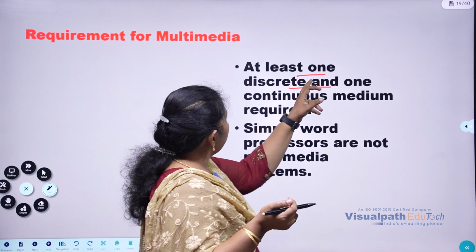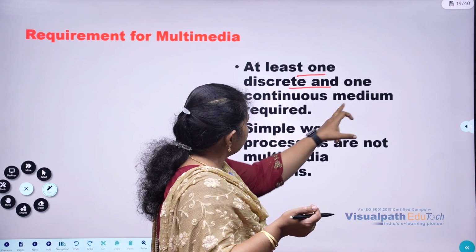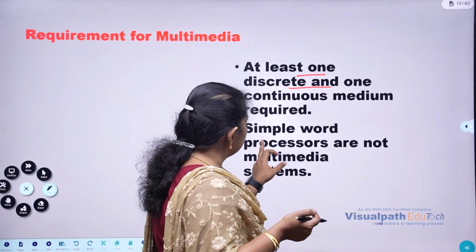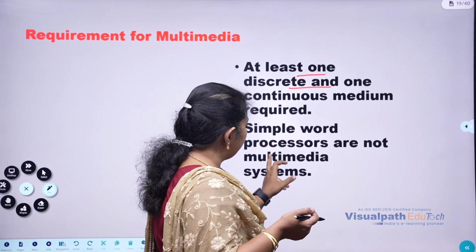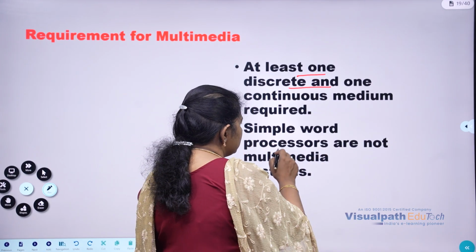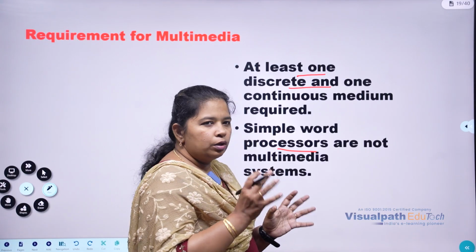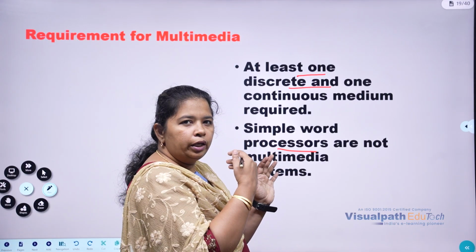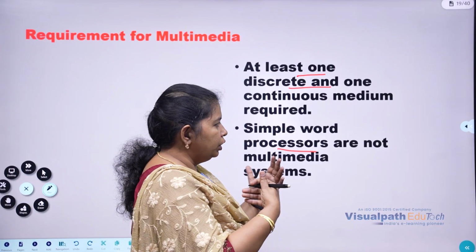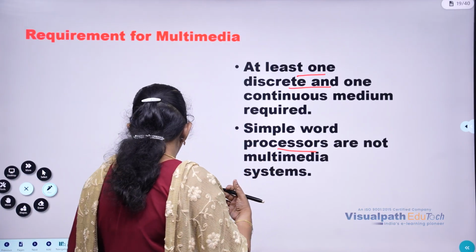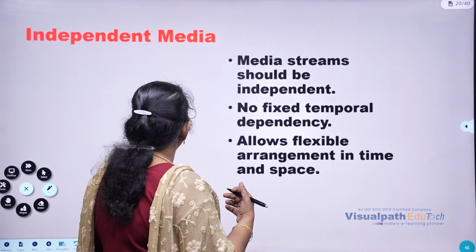At least one discrete and one continuous medium required. In simple words, processors alone are not a multimedia system. Processors are different, so they are not a multimedia system. We need to process what is in the discrete as well as the continuous, combine them and produce the output.